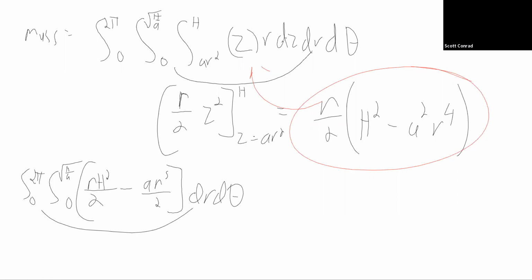So looking at this inner guy, integrating with respect to r, we get r squared h squared over 4 minus a squared r to the 6 over 12, from r equals 0 to square root h over a.